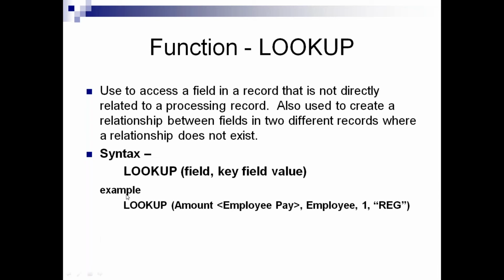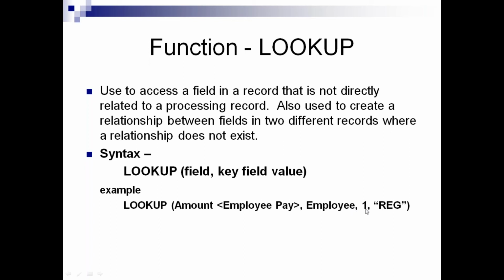So the way that would look is look up the amount off the employee pay record, and to get there, I need to click in the employee ID from that record. There's a comma in here too, I forgot, comma.